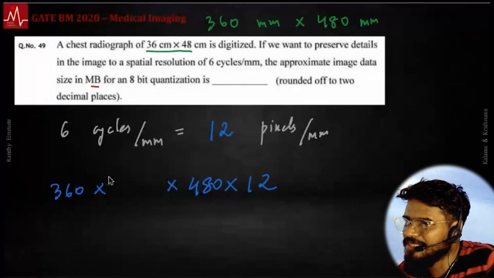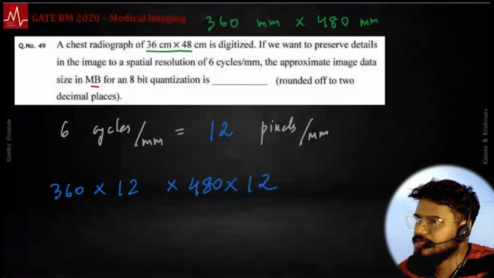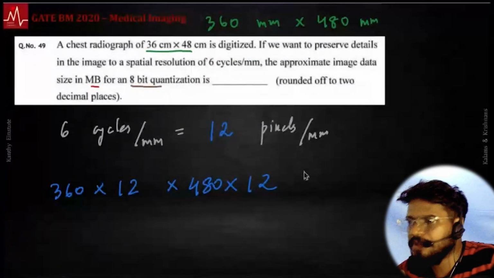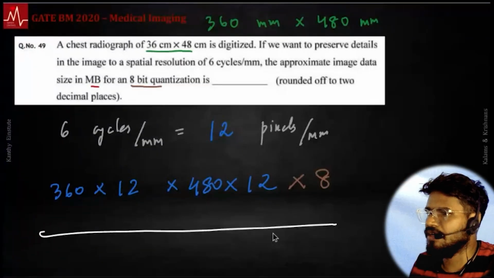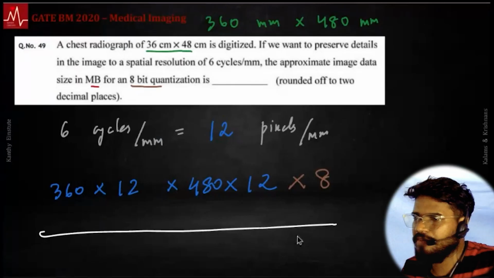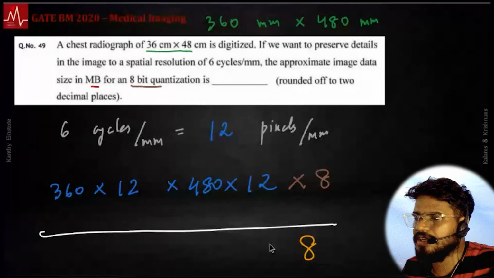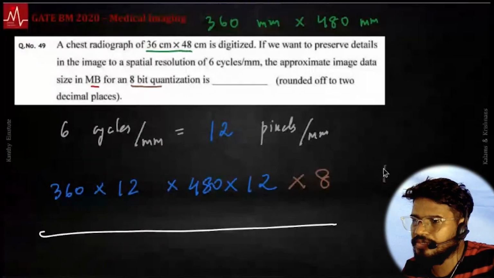So per 360 mm, it's 360 into 12 pixels. For 1 pixel, how many bits? 1 pixel, you need 8 bits. We want the answer in megabytes, so this is so many bits divided by bits per byte at this stage. So what I had is, with that, I had bits.